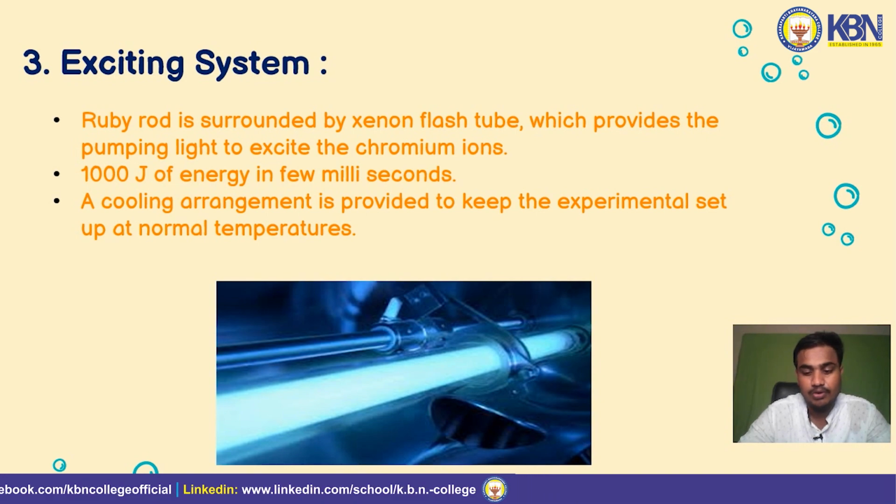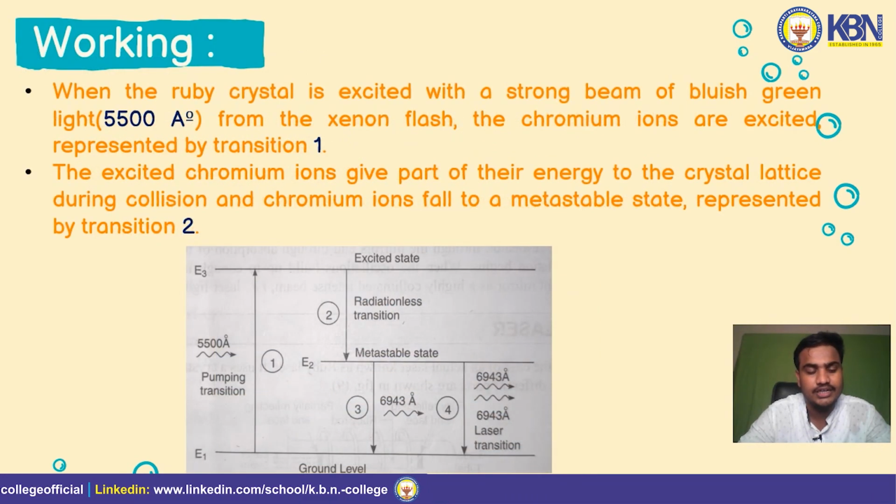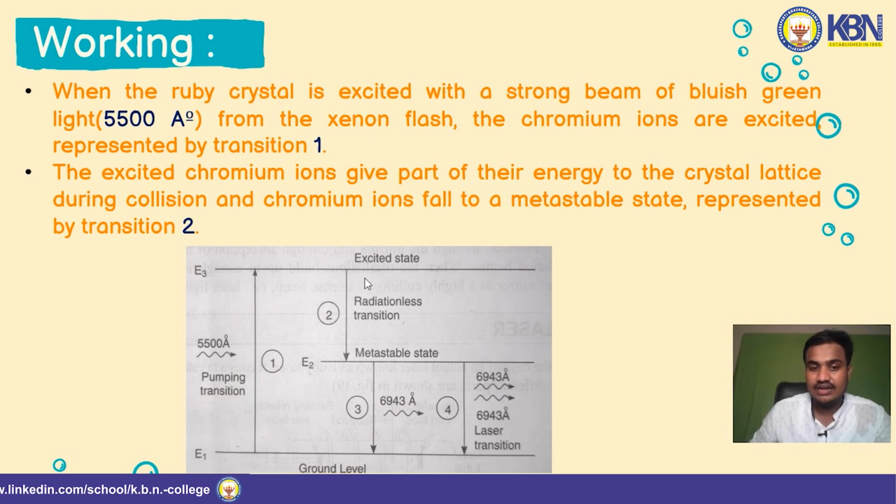This is about the construction. Now coming to the working of the laser: the Ruby crystal is a 3-level solid state laser. When the crystal is excited, initially the chromium atoms are at the ground level.